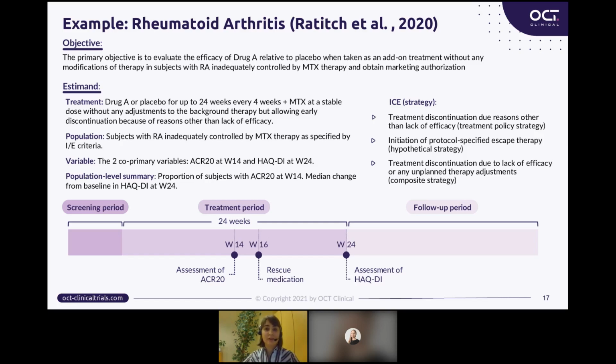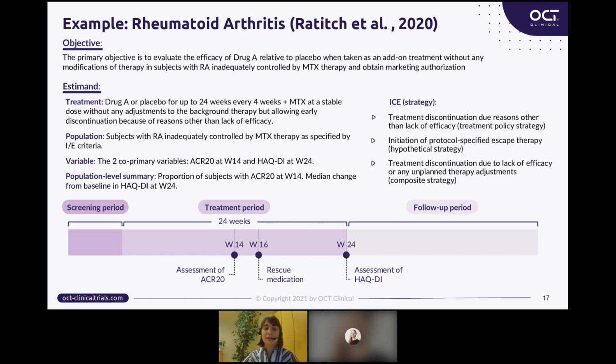Rescue was offered in the form of escape therapy. It consisted in switching to the active drug for patients receiving placebo, or switching to the higher dose of active drug for patients randomized to the lower dose arm. It was also anticipated that the study investigators could occasionally modify background treatment per clinical judgment.